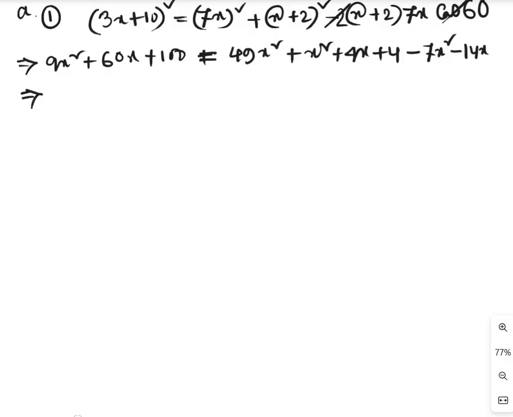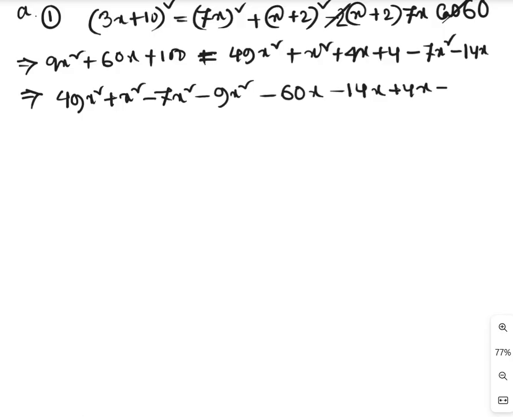So it will be 49x square plus x square minus 7x square, and this 9x square, and here minus 60x minus 14x plus 4x and minus 100, and 4 is equals to 0.